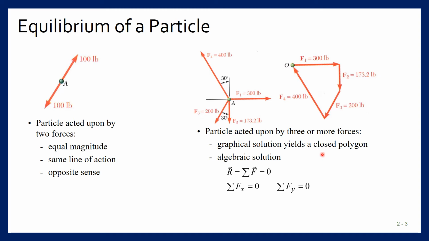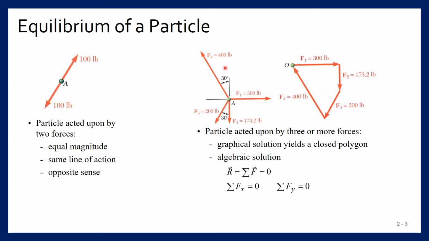When you use a graphical solution, suppose this is F1. I have drawn F1 like this, and from the tip of F1 I have drawn F2, and from the tip of F2 I have drawn F3 like this, and F4 like this. In case of a particle in equilibrium, the resultant should be zero.